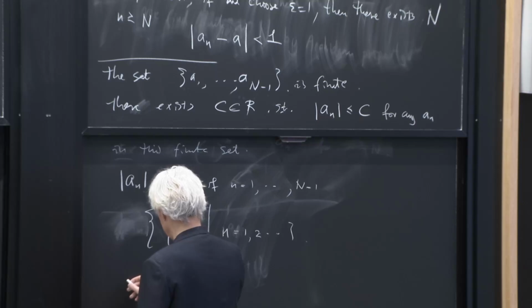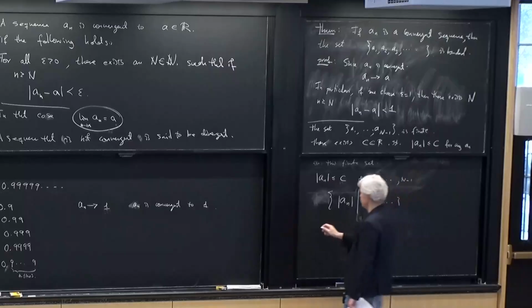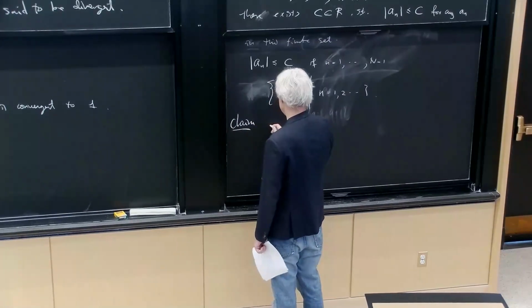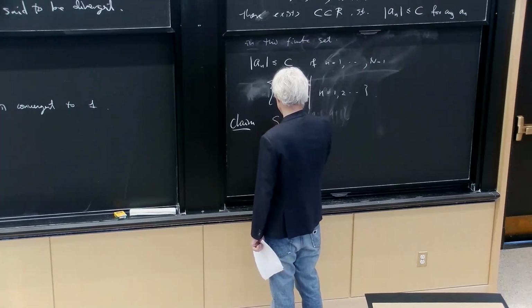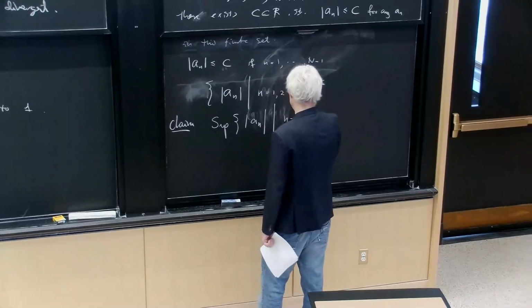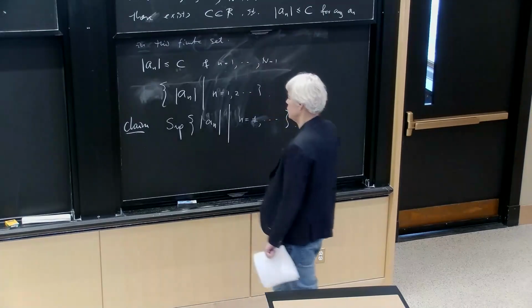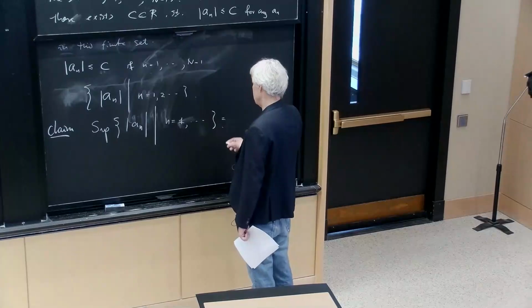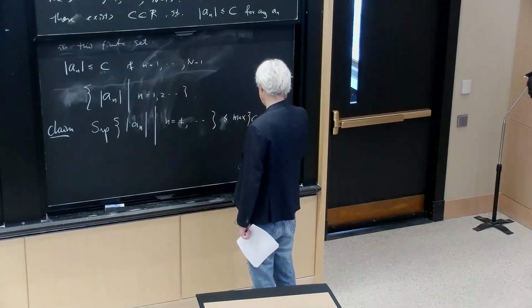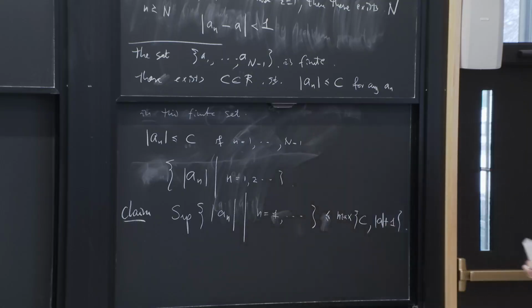And this is just because the first N minus 1, those are bounded by C. So I claim that the sup of this set, where n goes over all n's from 1, the sup of this set is less or equal to the max of C and |A| plus 1. So I claim that. Right.